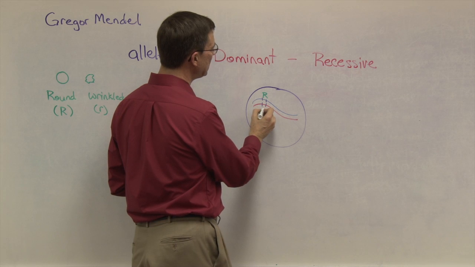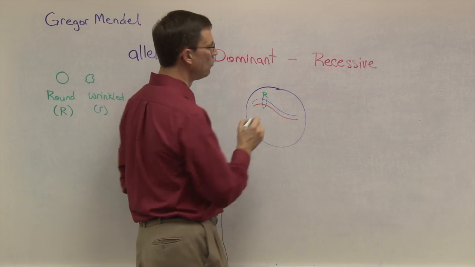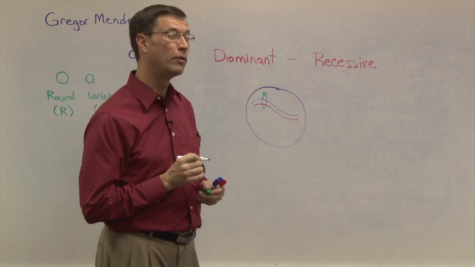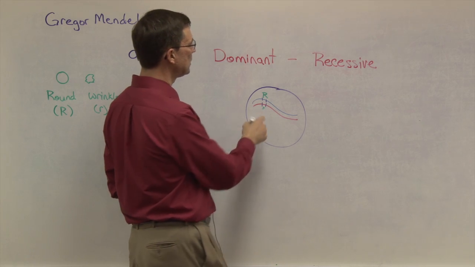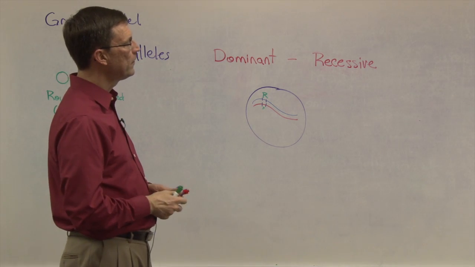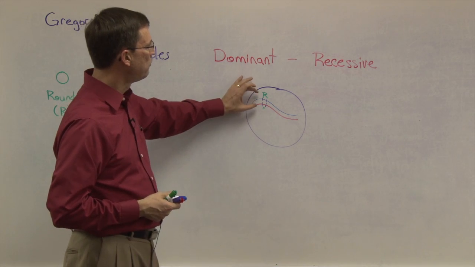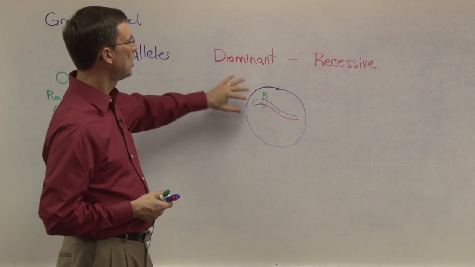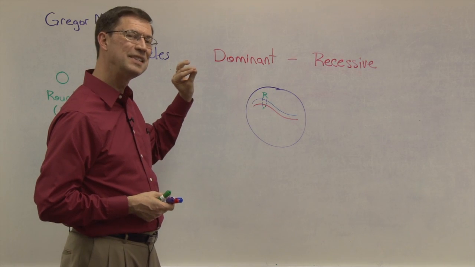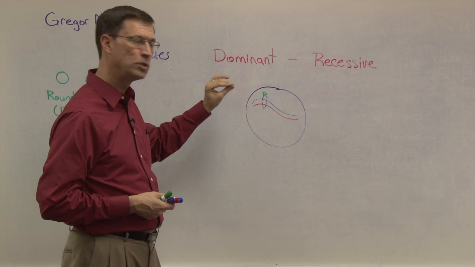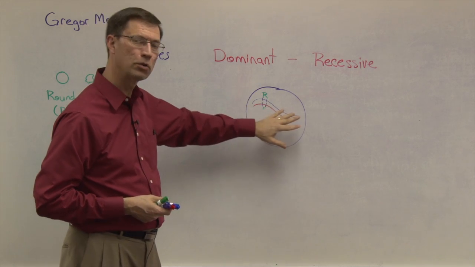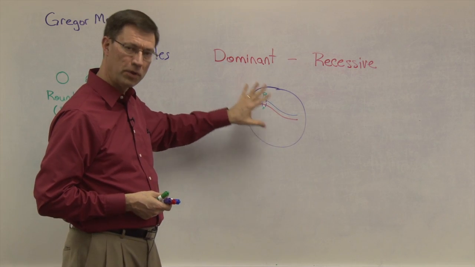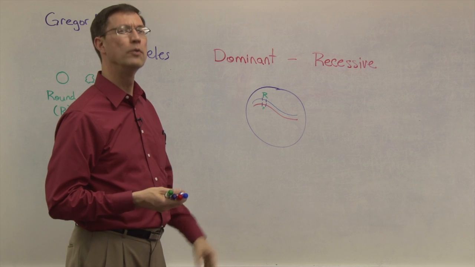But on this one, it might dictate that they would be wrinkled, so I used a little r. The small letters indicate the recessive trait. And what he figured out is that if both of those alleles are present, then the one that's dominant will win out. So in this case, with these particular chromosomes and genes, this plant is going to produce round peas.